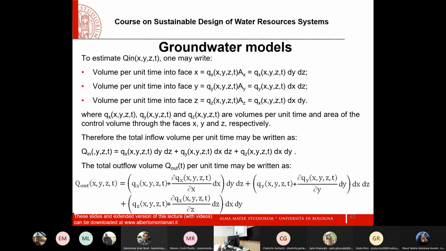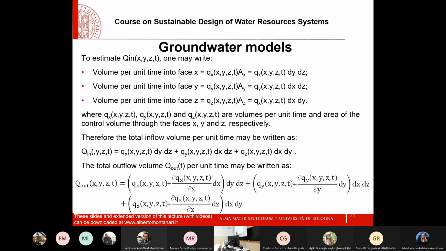It is given by the flow through X multiplied by the area X plus the flow through Y plus the flow through the Z direction. But the flow is passing through two phases. So the flow along each direction is entering from one phase and then is exiting from the opposite phase in the same direction. And therefore, I have to account for these two components.